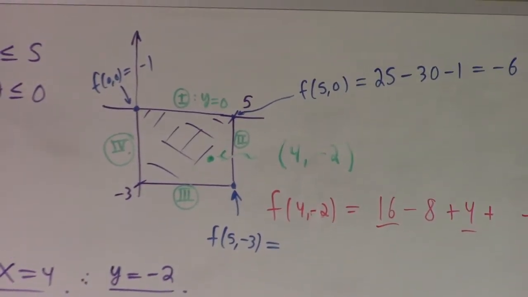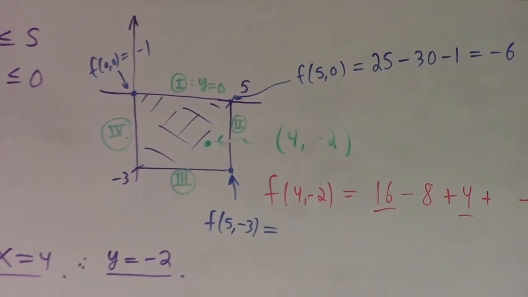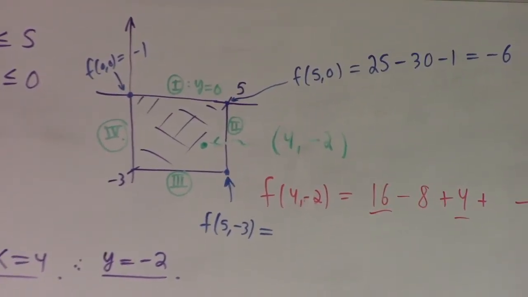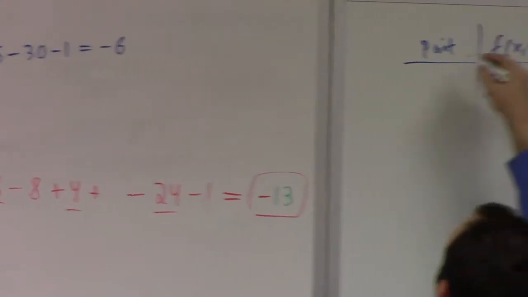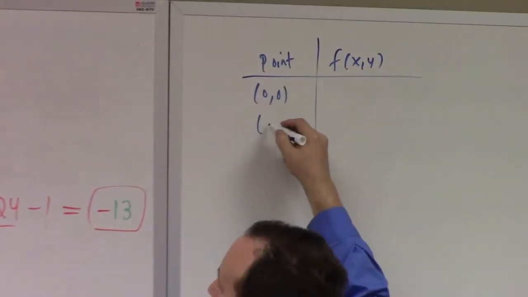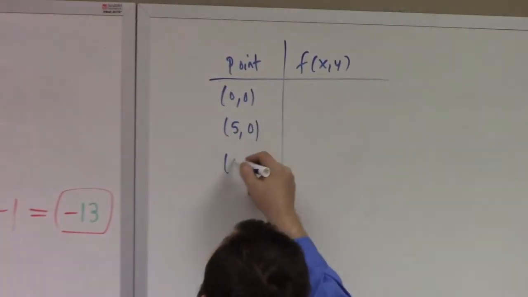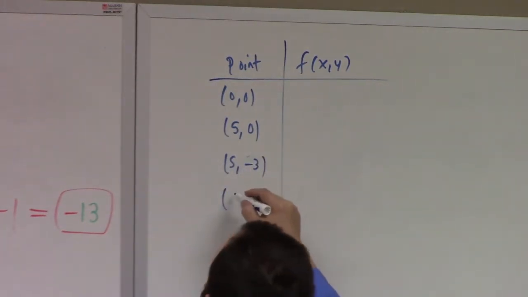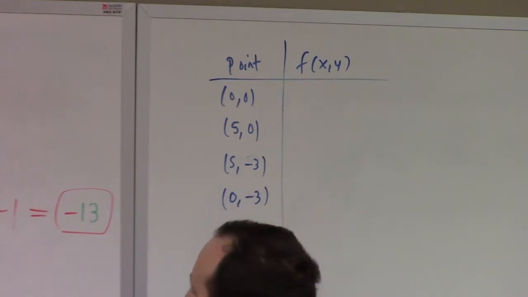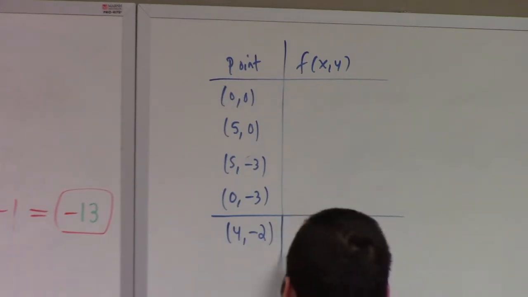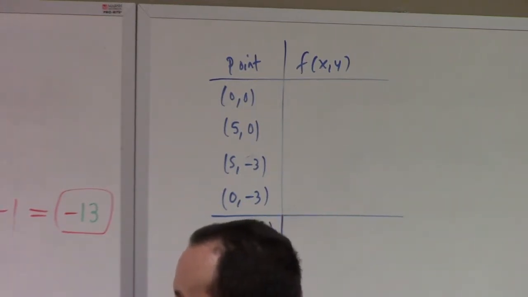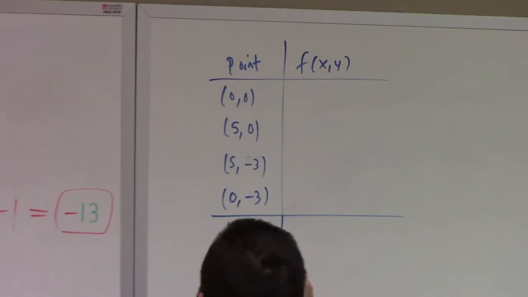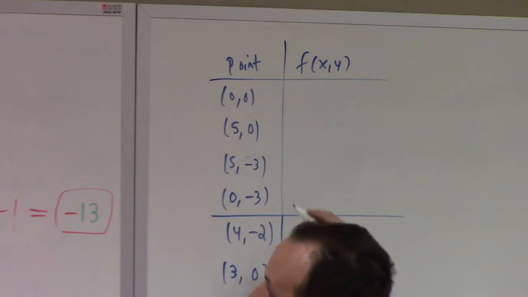So we should start keeping tabs on here, right? What do we got? We got 0, 0. We got 5, 0. We got 5, minus 3. We've got 0, minus 3. We've also figured out 4, minus 2. And we also figured out 3, 0. These are all contenders, right?